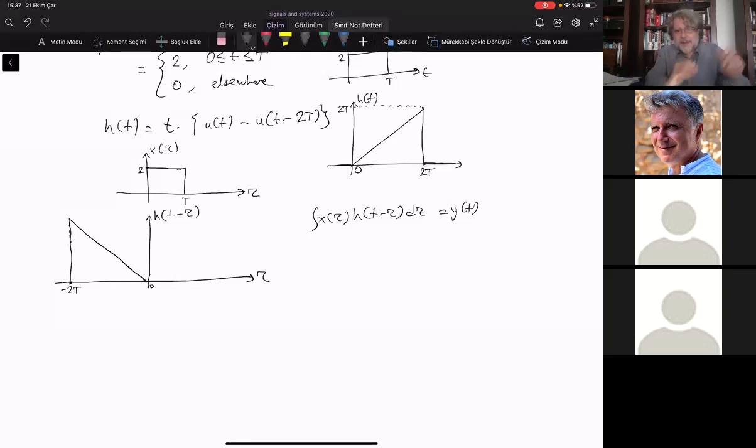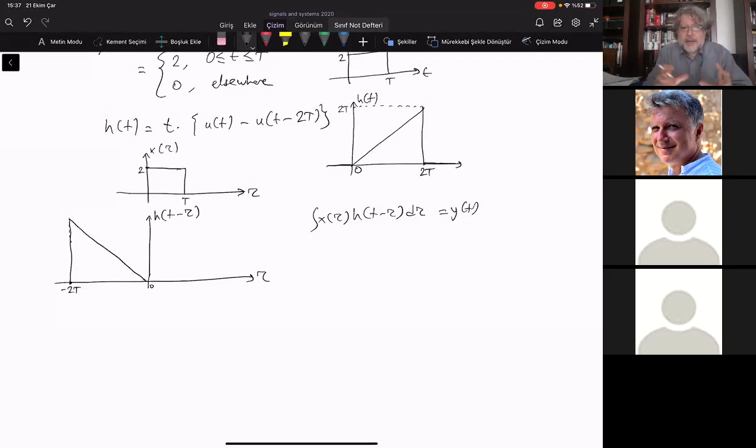But starting from here, a question from Melcan. Professor, didn't we need to shift to the left by t? Yes. No. We shift by t. If t is positive, we shift to the right. If t is negative, we shift to the left, because it is h of minus tau that we are drawing.